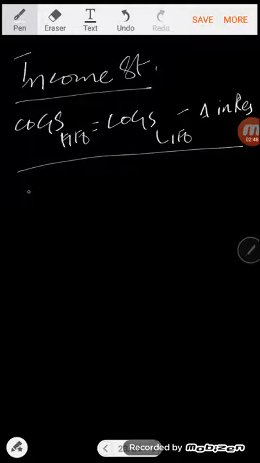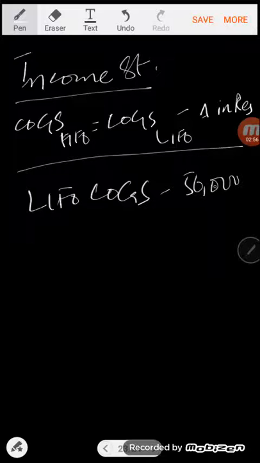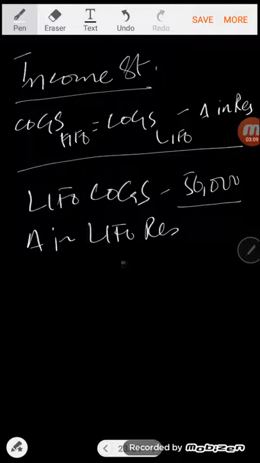An example could be, if we know the LIFO COGS is 50,000, and we are told that the change in LIFO reserve is 8,000.